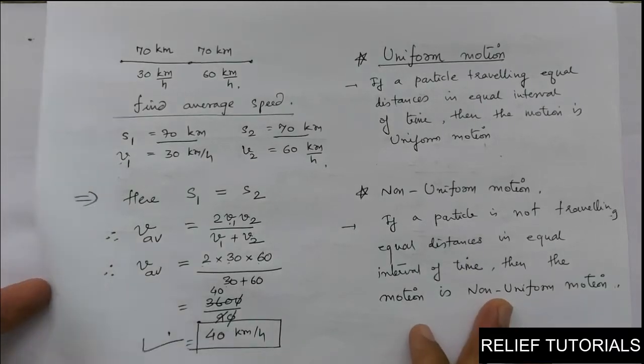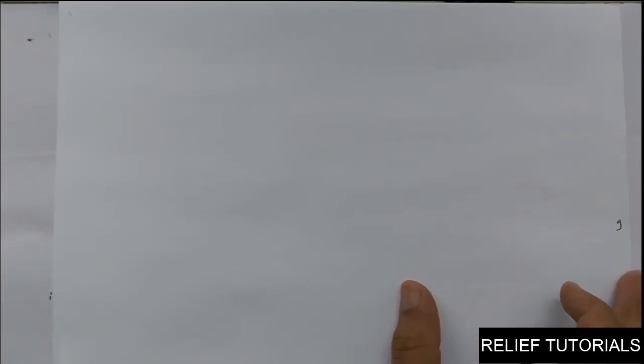Let us understand this by one example. Consider you are going to Ahmedabad from Rajkot in a car. You are just sitting beside the driver's seat and you are taking some observations. You have made some time intervals.